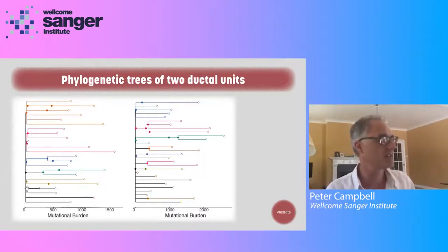And what you can see is that there's a group of these branch points with the filled circles very early on in molecular time, less than 50 mutations, certainly 10 to 20 on average. And because we know that mutations accumulate linearly with time, we believe that those first 10, 20 mutations are occurring during embryogenesis.